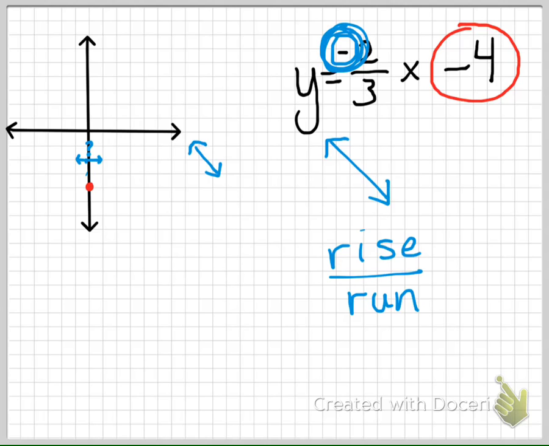We have two options: we can run 3 to the right or run 3 to the left. If I run 3 to the right and connect the blue dot with the red dot, that will give me a positive slope. I want negative, so I'm going to go to the left.